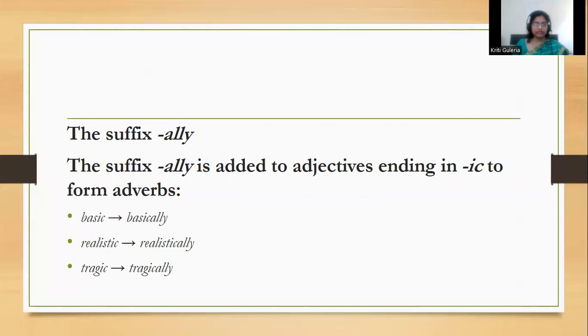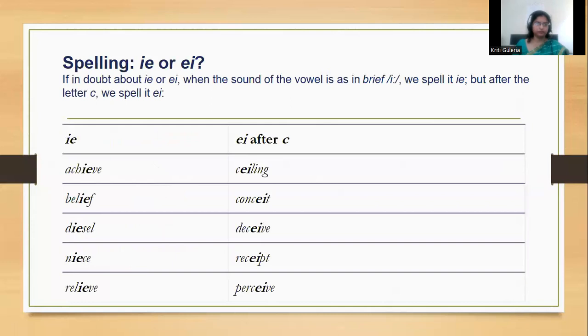Okay. So these suffixes and prefixes make a major difference when we come to spelling and when we are writing in any of the verb forms. Now next, IE or EI. This is a very common mistake and a very common confusion that we face whenever writing any word.